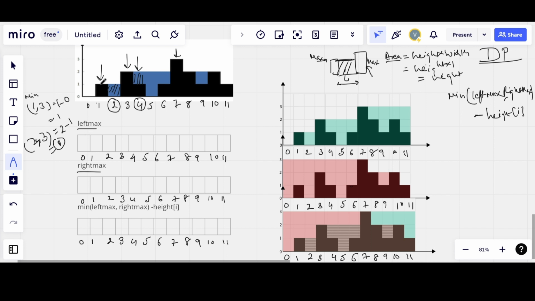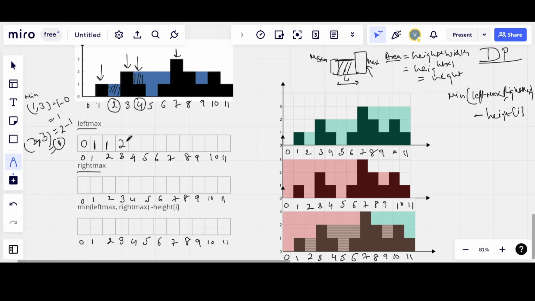So at 0 the bar height is 0 and on the left side there is no bar, so the left max for index 0 is 0. What will be the next left max for 1? As the current height is 1 and on the left side the bar height is 0 at index 0, the current height is greater than 0, so we'll take 1 as the left max for index 1. Similarly for 2 it will be 1, because the current height is 0 and on the left side it is 1.